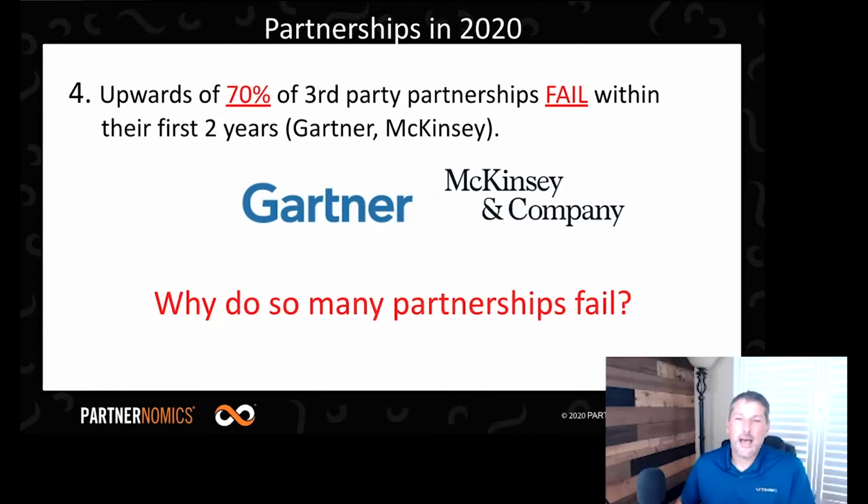What I want you to think about is, if 70% is the failure rate, what would it look like if your business was the inverse? What if your success rate was 70 or 80 or 90%? What would that difference be for your company?